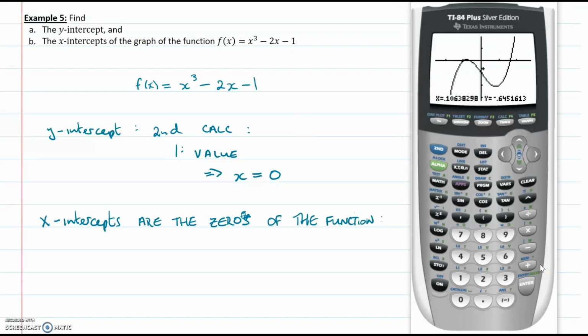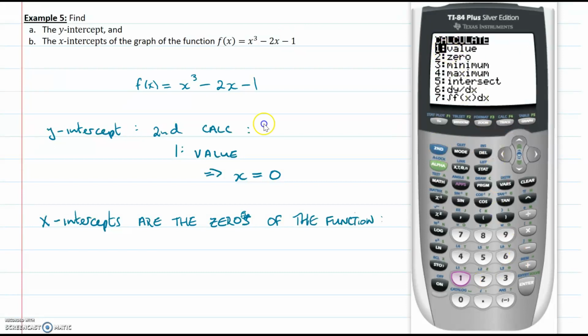Okay, so the first question was to find the y-intercept, and we said we're going to press second calc, choose 1 for the value, and then put x equal to 0, because the x equal to 0 tells us where the y-intercept is. So second calc, and we're going to choose 1 value, so just press 1, and then we want x to be equal to 0.